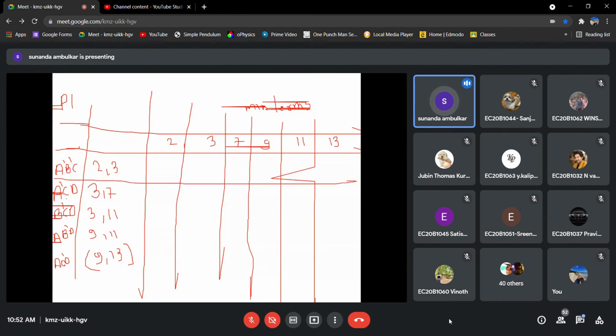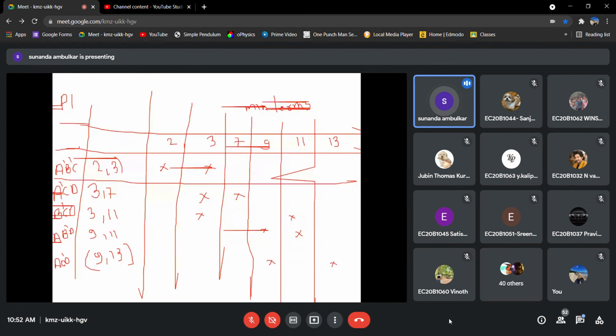So now what we have to do is put a cross mark at the position. Here, this one, and in the next, this one and this one, and next is this and this.